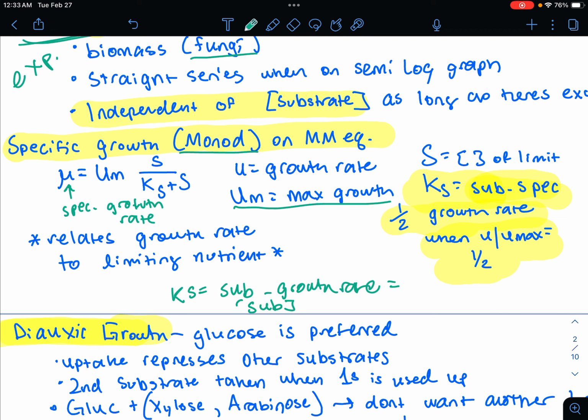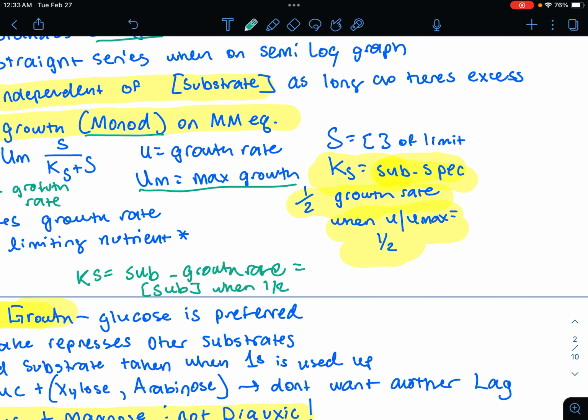So we're going to put that in those hard brackets for substrate concentration when 1/2 of the specific growth rate is obtained. Remember, our specific growth rate is mu. In other words, the value of S when mu over mu max is 0.5.